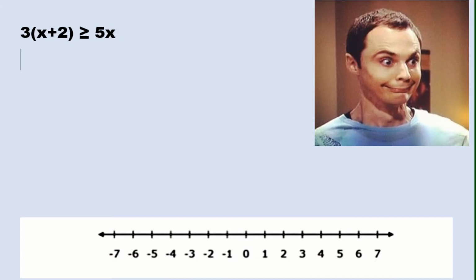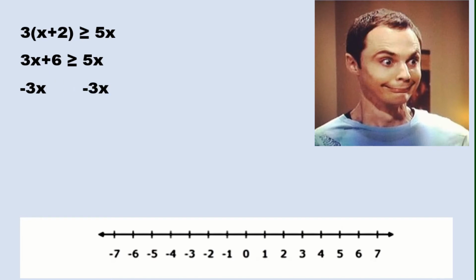First of all, you solve it by distributing first, so that would be 3x plus 6, which would be greater than or equal to 5x. Now, it'll be minus 3x on both sides.